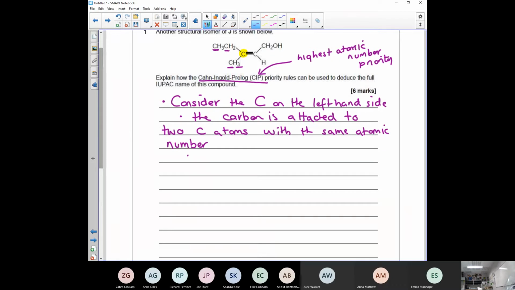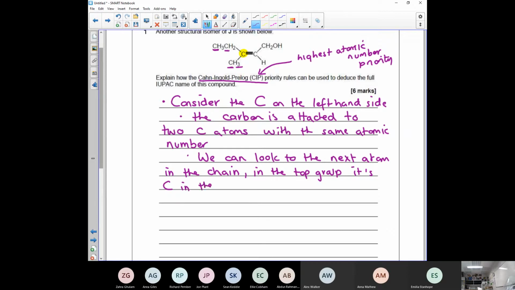So we can look to the next atom in the chain. In the top group, it is carbon.